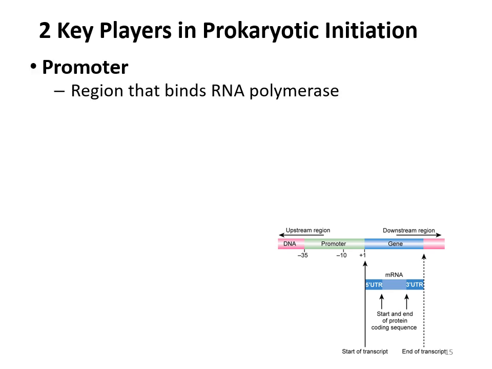So with transcription, there's two key players in prokaryotic initiation. The first one is the promoter, and next to the word promoter, I want you to write DNA sequence. The promoter is a DNA sequence that basically tells the RNA polymerase, hey, I'm a gene that needs to be expressed, come here and bind to me.